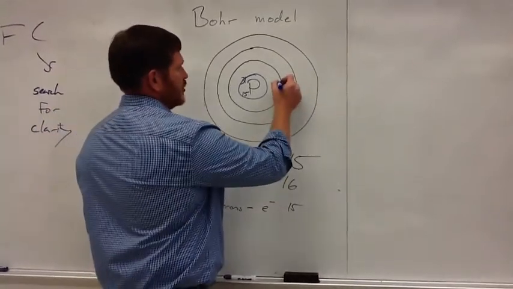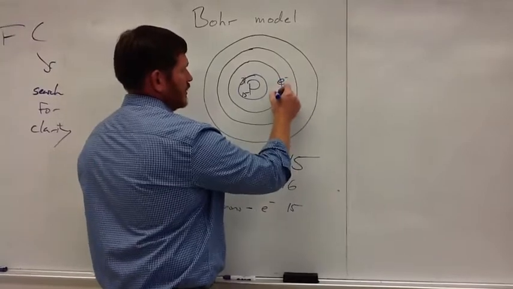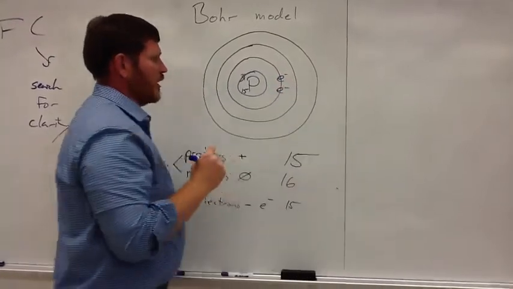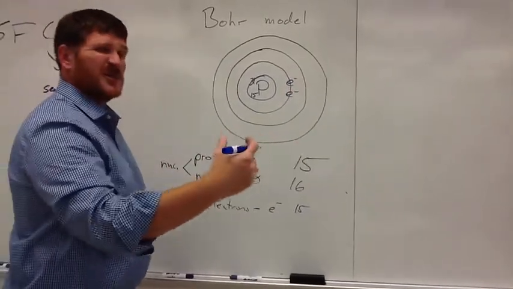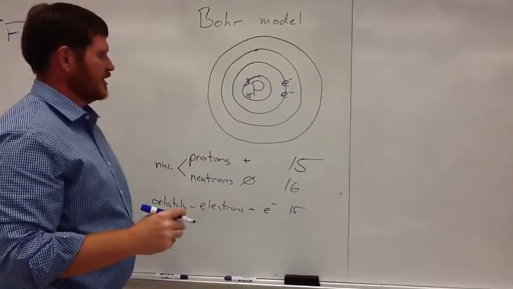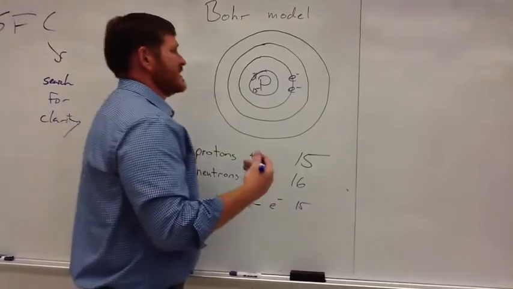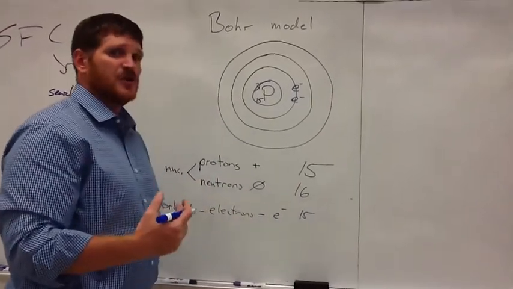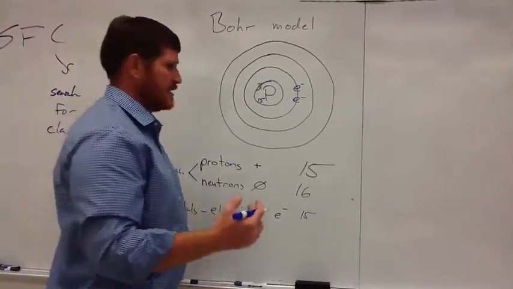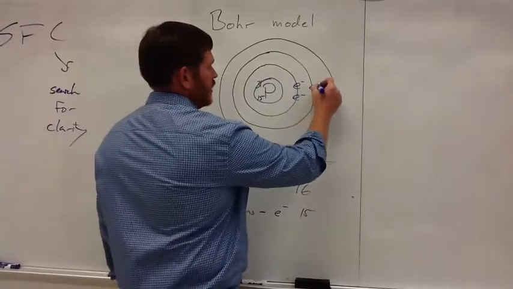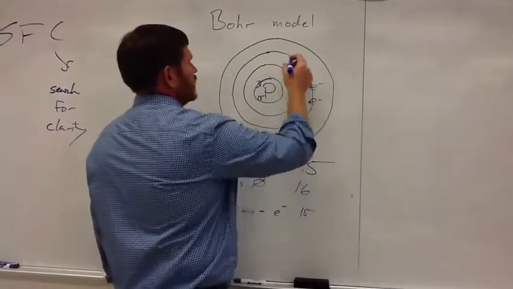So my first two go right to the right. And we'll explain again later on why exactly I do that. Okay, but I have 2 in the first energy level. The second energy level can have up to 8. So I write 2 here. And then watch what I do.